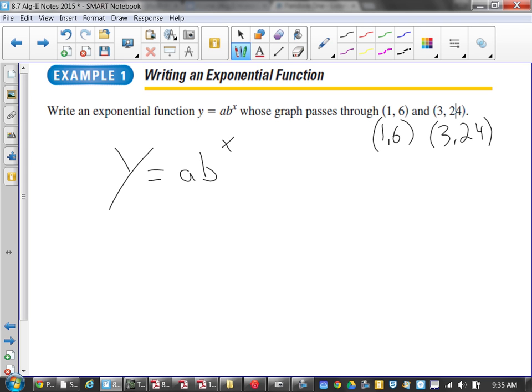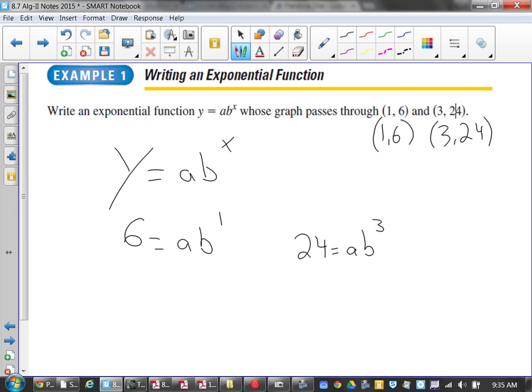Here's what happens. We wind up with 6 equals a b to the first power, and 24 equals a b to the third power. You okay with that? Now, unlike some of the other systems of equations where we had to do elimination, where they were more linear, here I'm just going to do direct substitution.